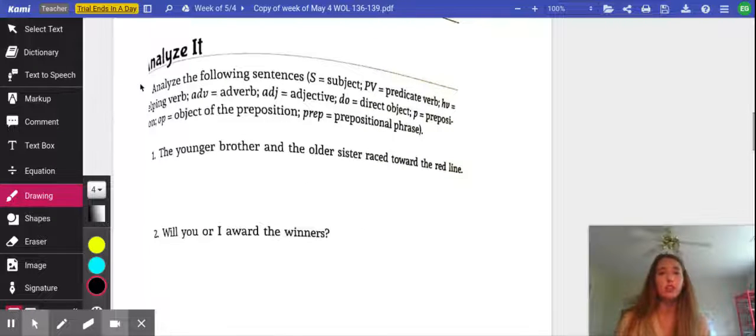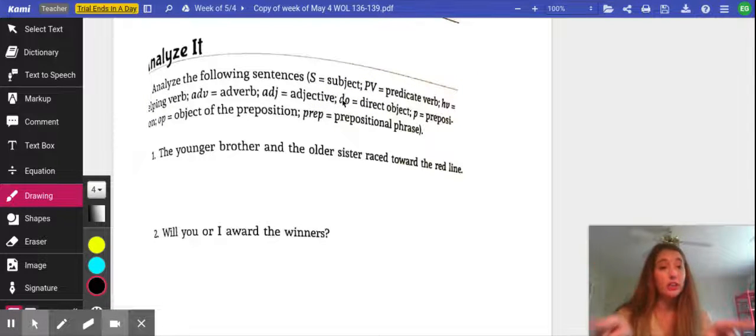Okay, let's review some of the ways that we have analyzed so far. There could be any of these following parts of speech. We could have subject, predicate verb, helping verb, adverb, adjective, DO is our direct object, preposition, object of the preposition, and then prepositional phrase. We also are going to look for a conjunction, but it does not have any letters or words.